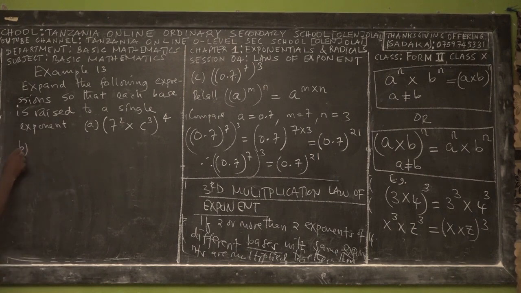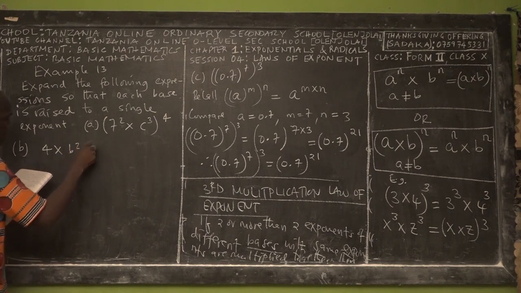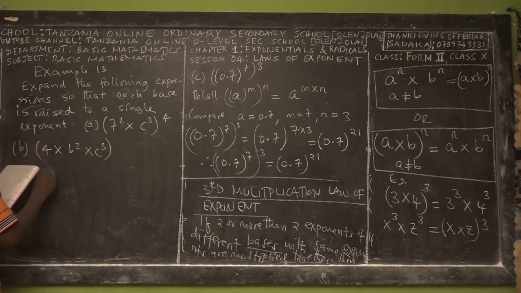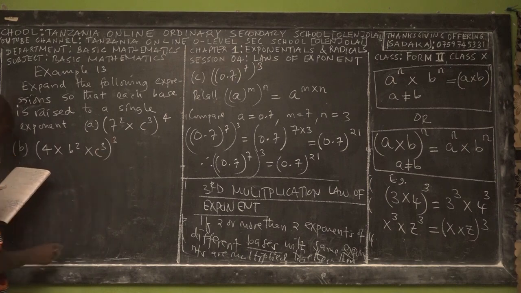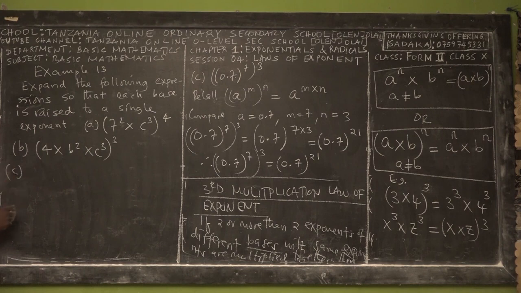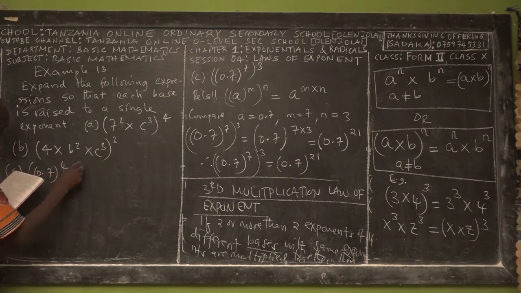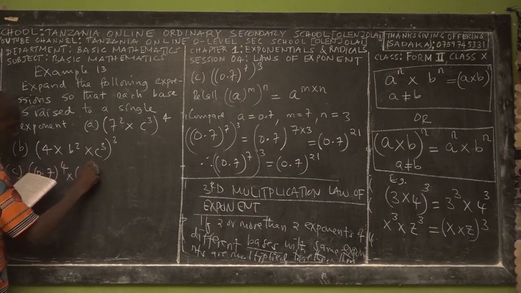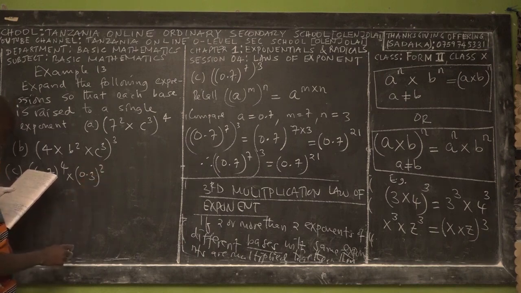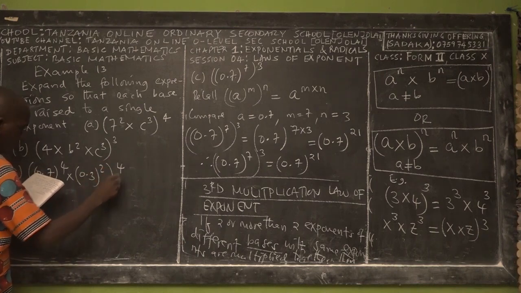Then B: 4 times b times c cubed, power 3. Then C: 0.7 power 4 times 0.3 power 2, and all of this power 4.